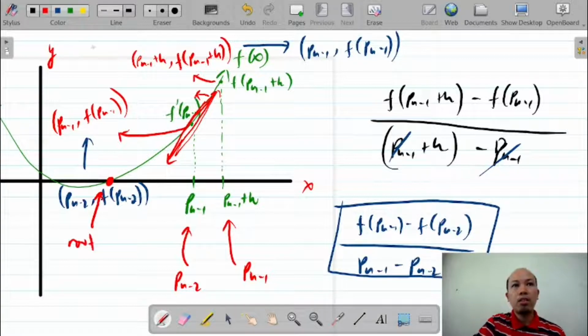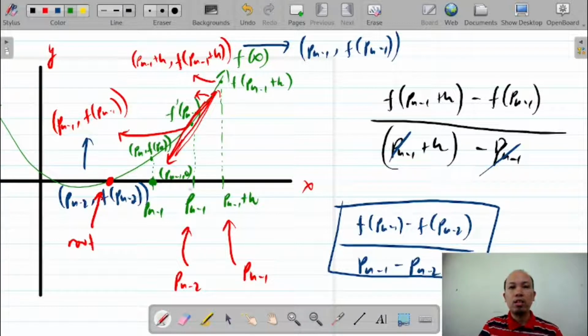Let's say this is our p sub n, so this point is p sub n minus 1 comma 0, and this point here is p sub n, f of p sub n.